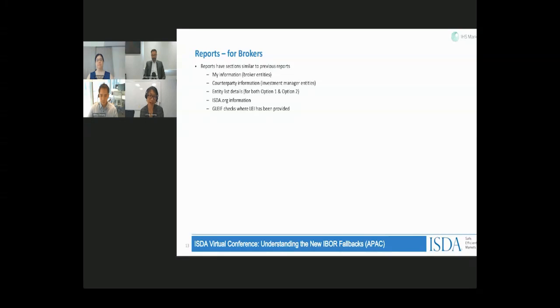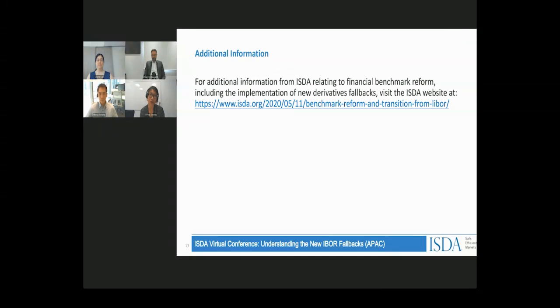So you've got ARC language, which is different. You've got the new APLMA drafts, which have come out, which are quite different. So if you're hedging those particular loans, you might want to carve those particular trades out of the protocol and supplement, and do a bespoke amendment. And I hope that answers the question.